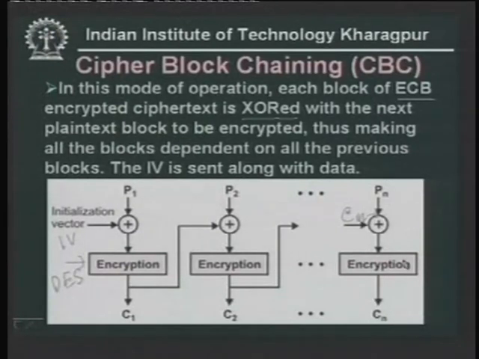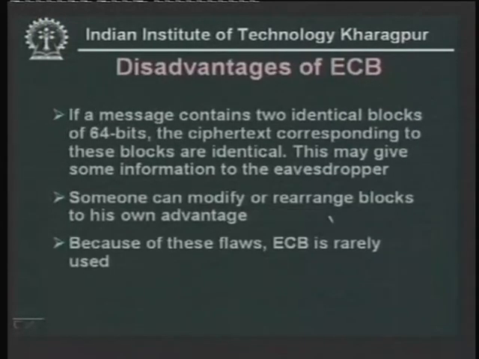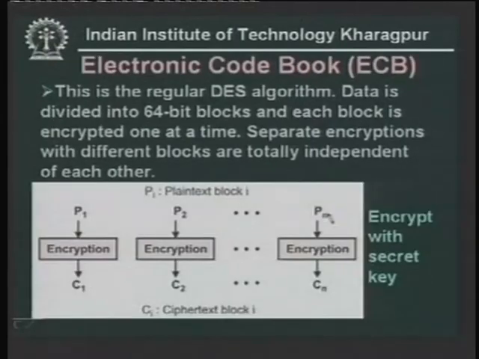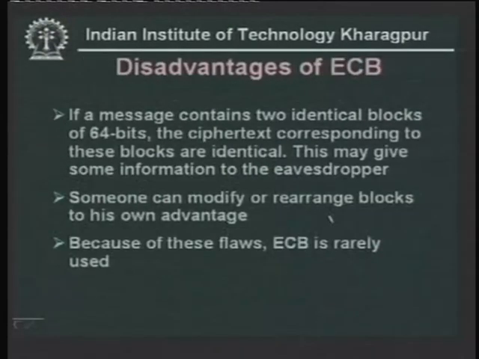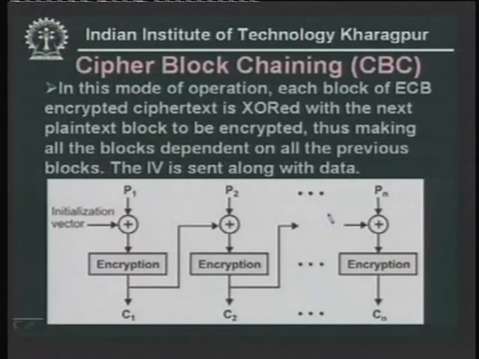In this case, suppose the same plaintext blocks Pi and Pj are the same, Ci and Cj will not be the same, they will be different. As a consequence, the problem that we encountered in the previous case, ECB electronic code book, does not appear in the cipher block chaining method.